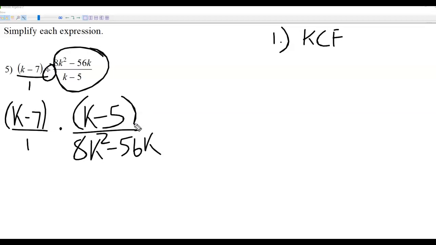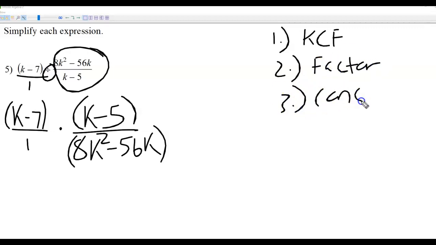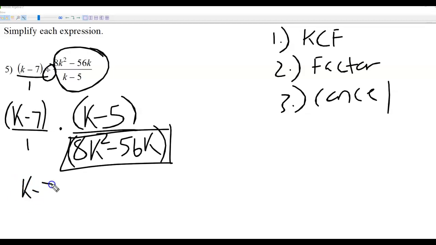So the rest of the steps match what we had in the last slide, which was factor and cancel. So on the bottom right here, I see that I can factor out an 8k, so I would rewrite this whole expression.